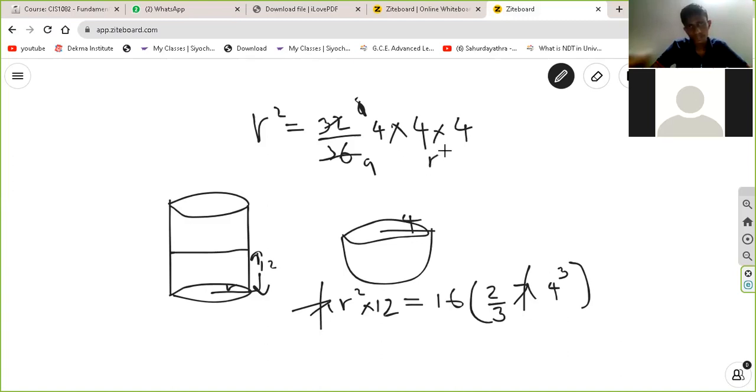Then R squared equals 32 into 16 over 9.